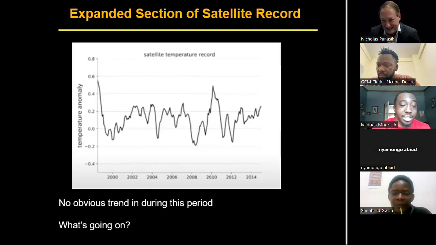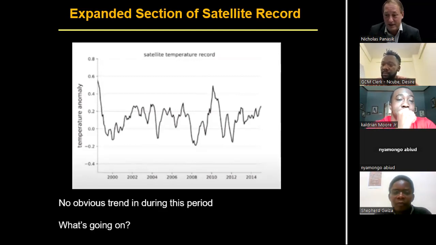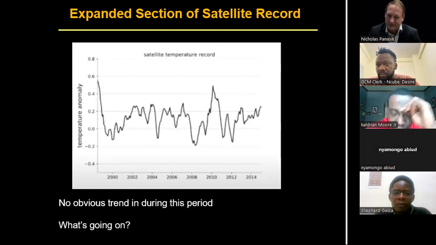Is this the entire globe or is this a particular area? This is the calculated temperature anomaly based on the satellite record. We haven't talked a lot about the satellite record, but it's based on the satellite record, average temperatures around the world over this period of time.